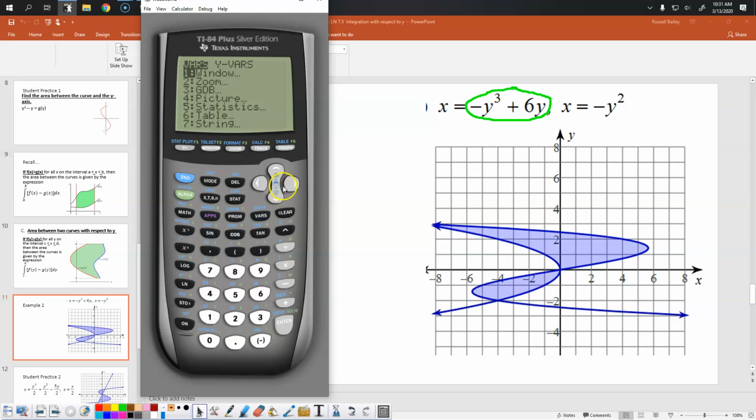And we're going to do the absolute value, right? Forgot about that. Math num. Y1 minus y2. And we're going from what to what?